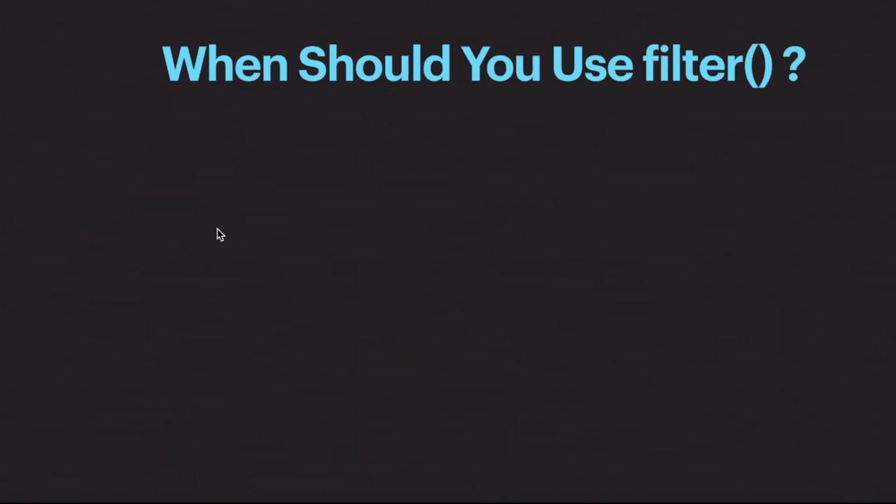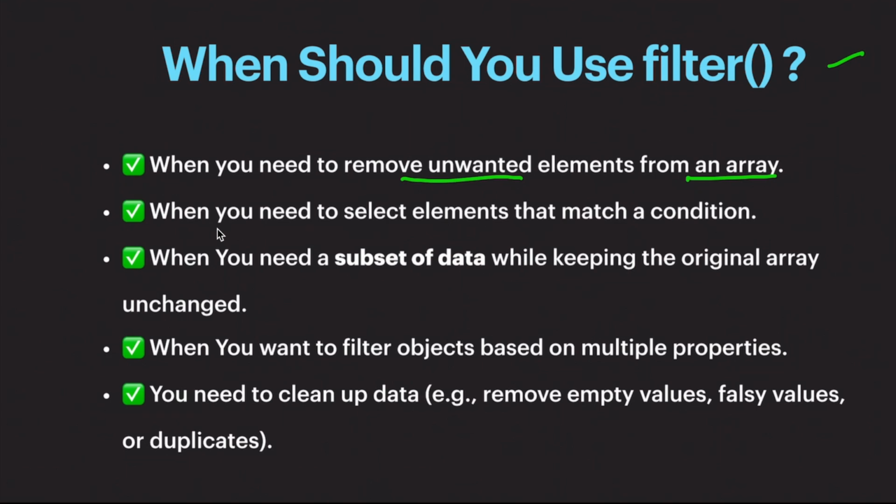So the next point is when should you use filter. When you need to remove unwanted elements from the array, you should use filter. When you want to match any condition inside the array, you can use filter. When you need a subset of data while keeping the original array unchanged, you can use filter.